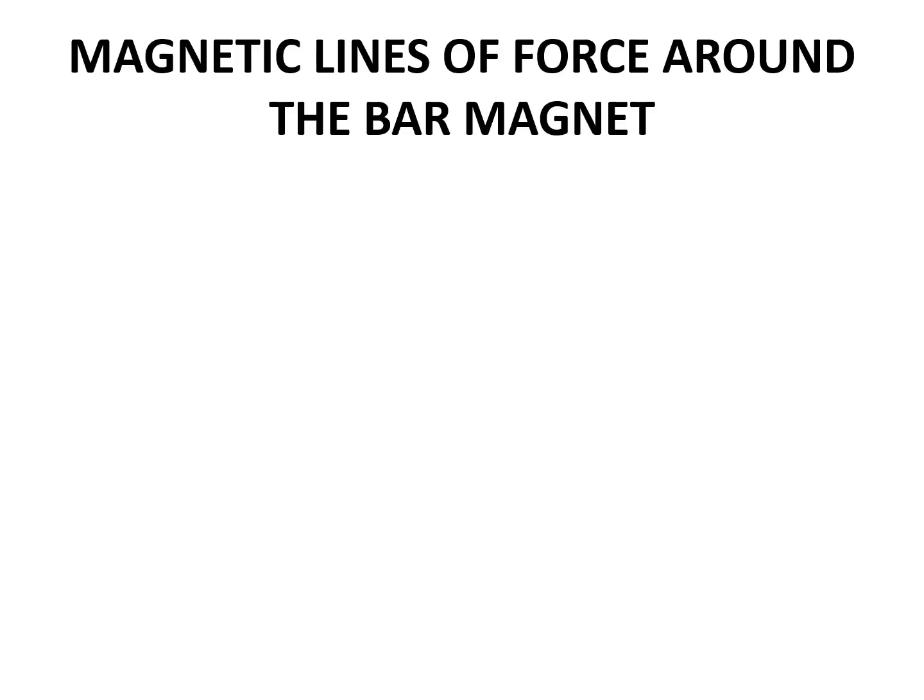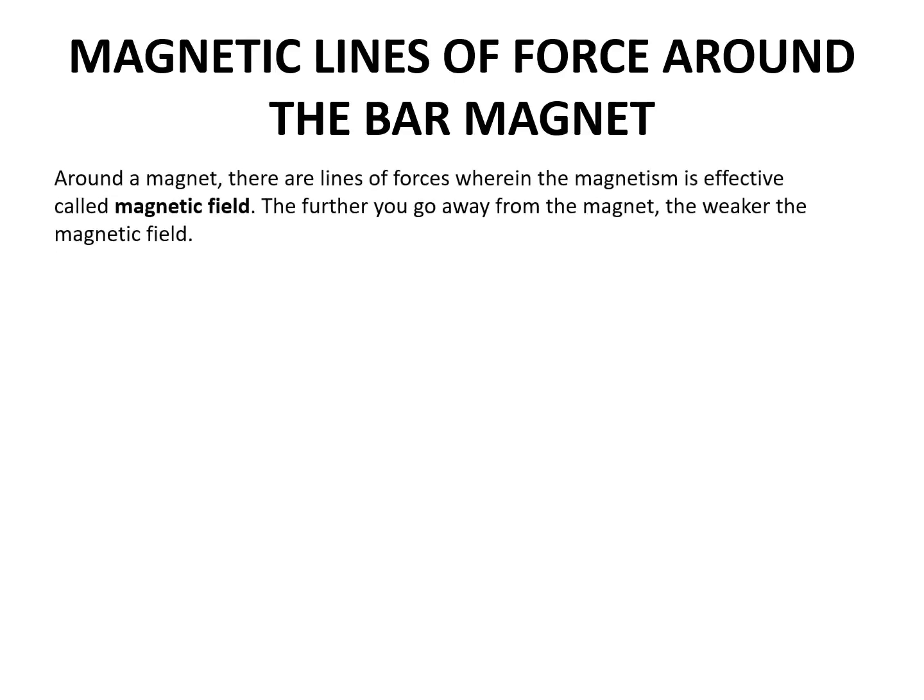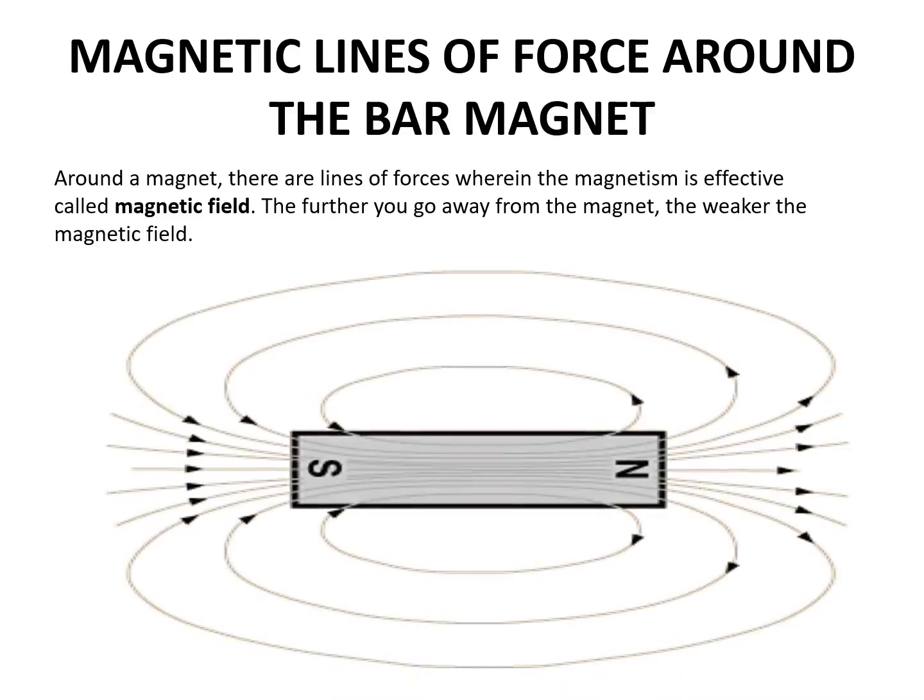Its strength of attraction becomes weaker and weaker as an object moves away from it. That region in space around the magnet, wherein magnetism is effective, is called the magnetic field. As I've already indicated, the further you go away from the magnet, the weaker the magnetic field. Now, magnetic fields are displayed by field lines.